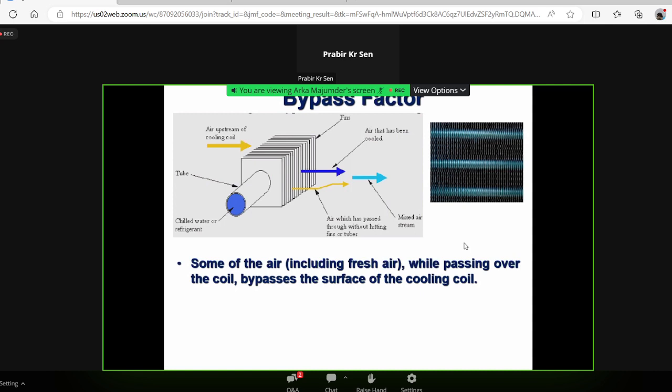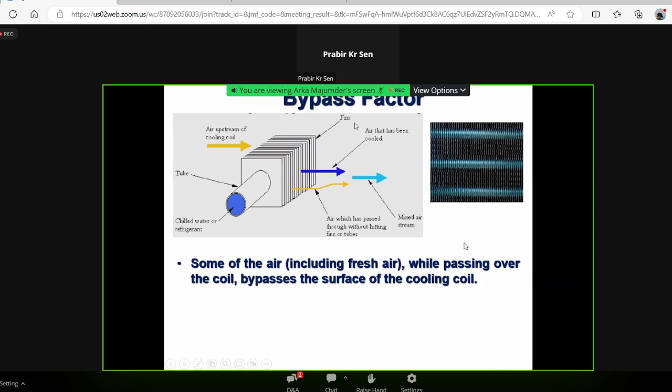So there are aluminum fins over it. On the right-hand side you see the actual photograph of a cooling coil, where you have the coil, copper tube, and over it there are fins. The fins are a little corrugated in shape like this, and the air flows over it.